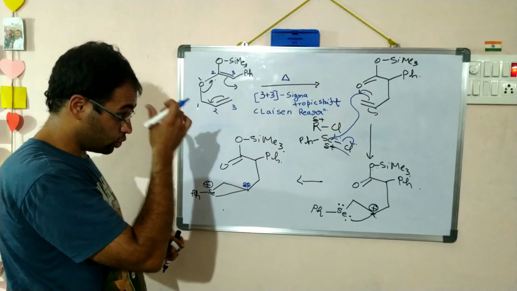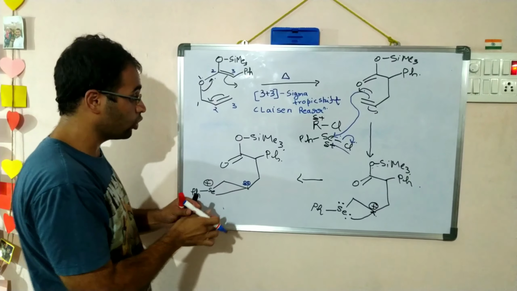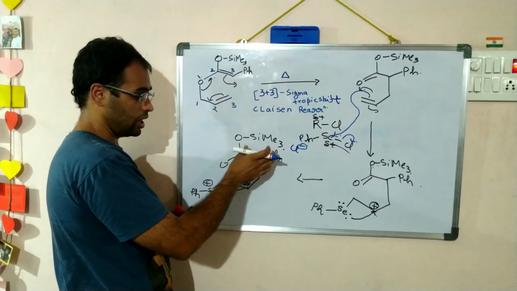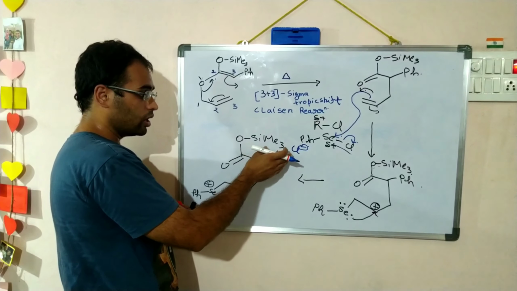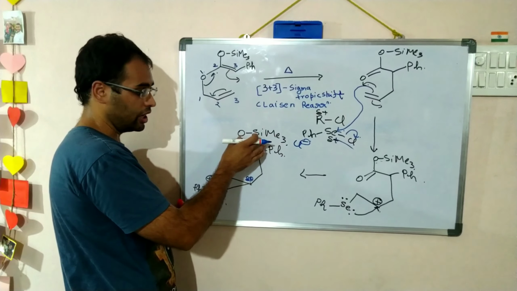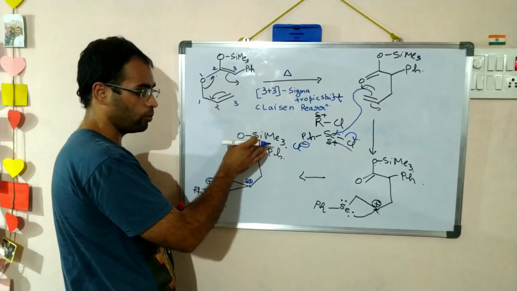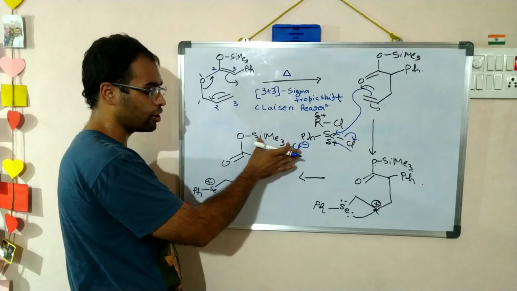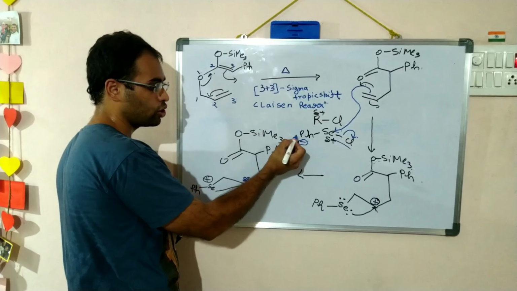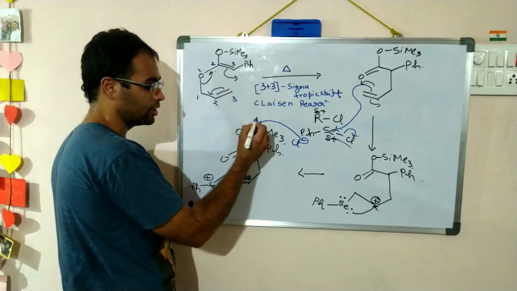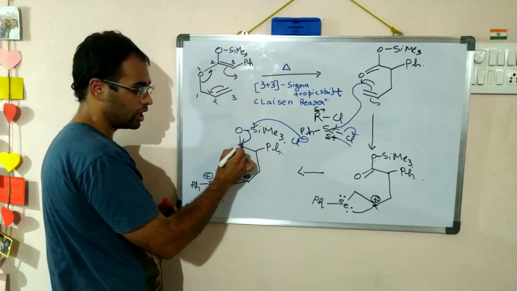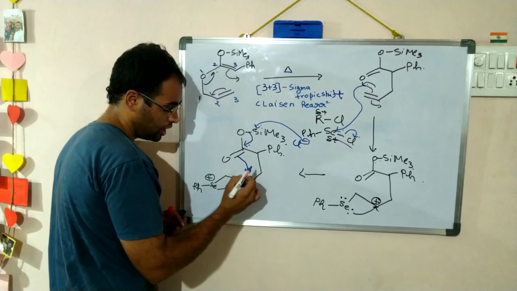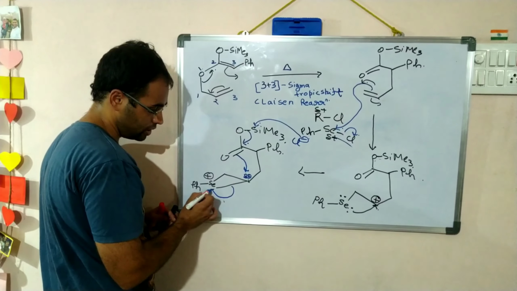Knowing that, also we have a chloride counter anion here. Right? Now this counter anion has more affinity for silicon because chloride and silicon are found in the same period of the periodic table, and hence their orbital sizes match. So this chloride attacks this silicon, pushing this electrons forward, and this attacks here, breaking this weak carbon selenium bond.